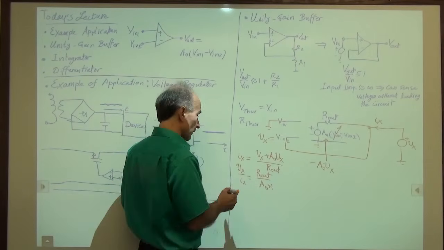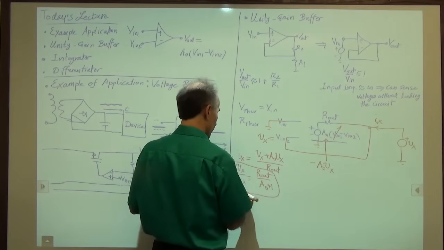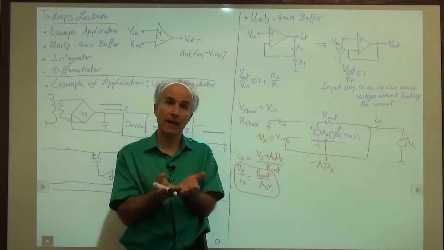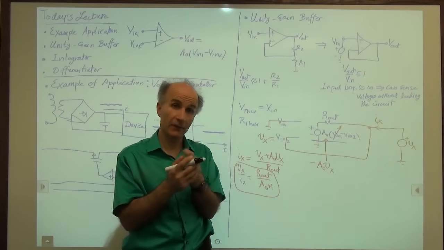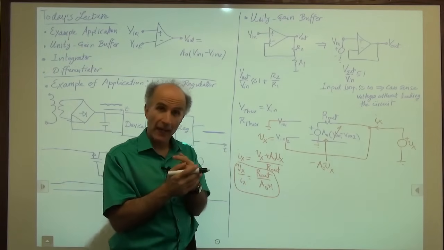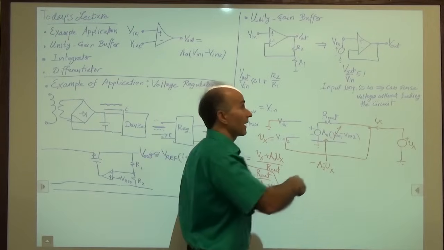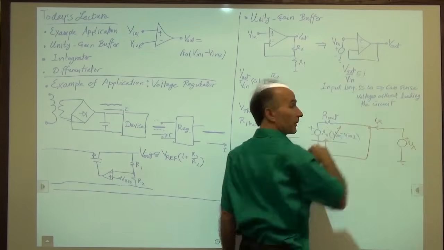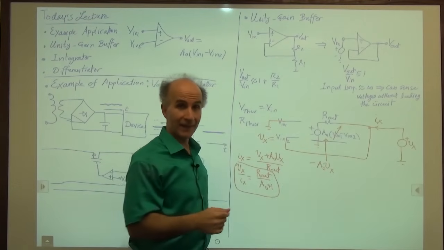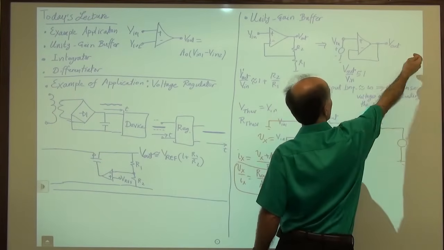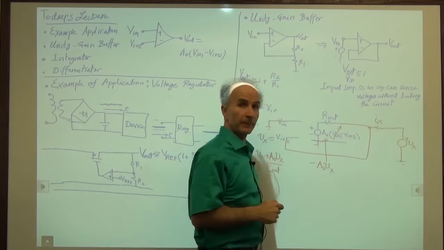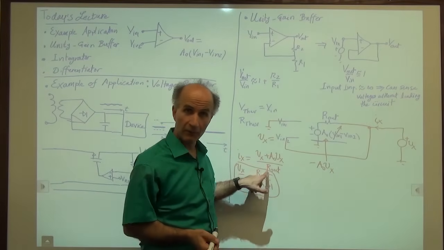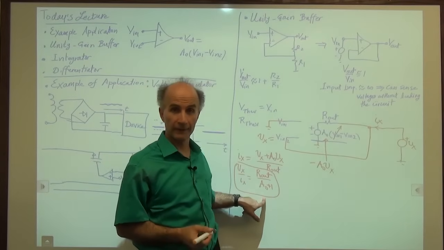This says that even though when I bought a 741, just by itself, it came with an output resistance of 75 ohms, after I placed it in this configuration, namely shorting the output to the input, the resistance that it now presents to the outside world is as low as 75 ohms divided by 100,000.